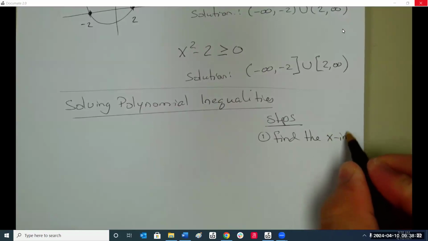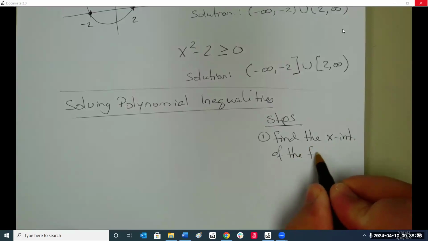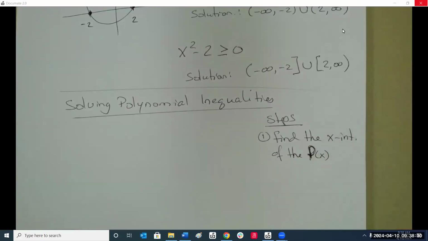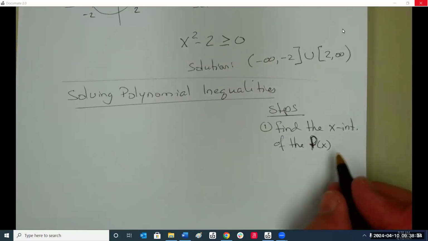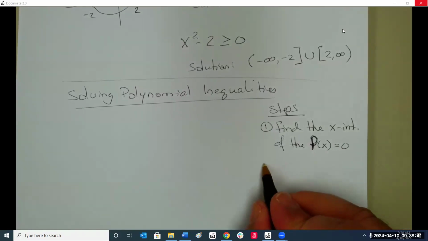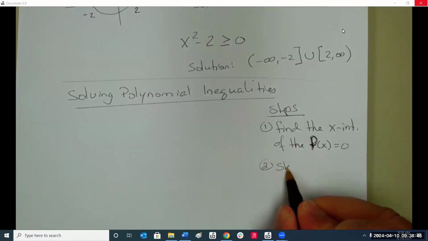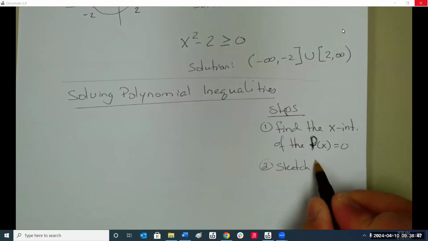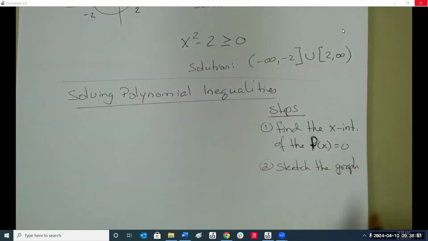Find the x-intercepts of the function, or of the polynomial, I should say. You set it equal to 0 and find the x-intercepts. Sketch the graph.